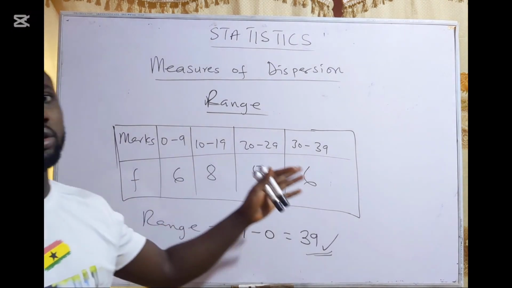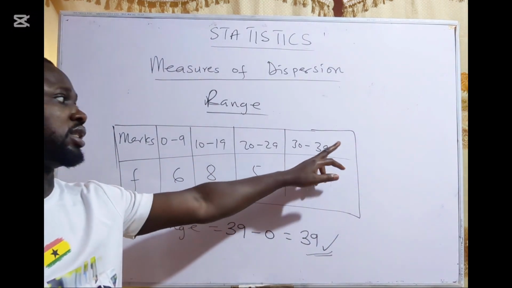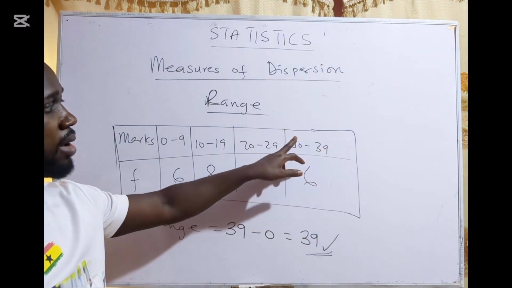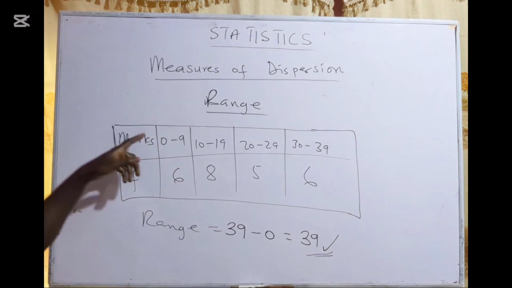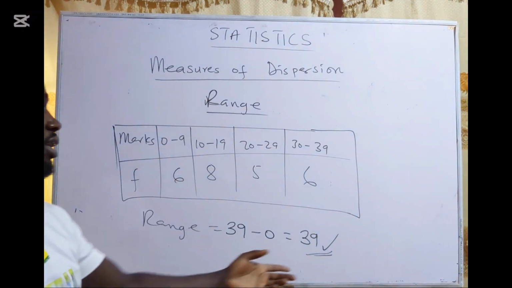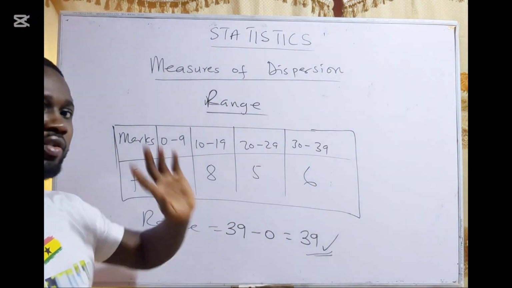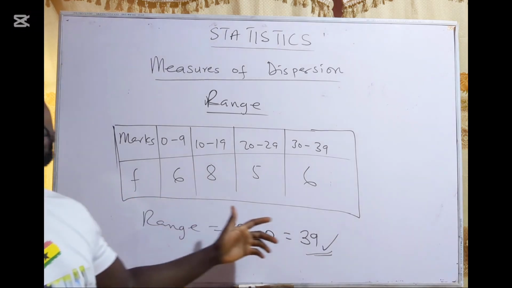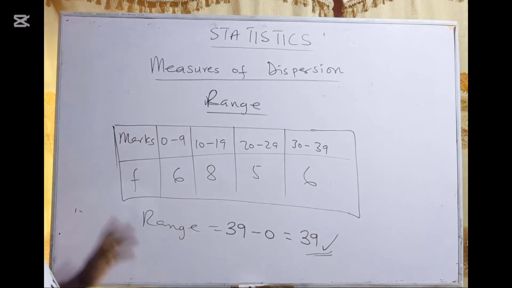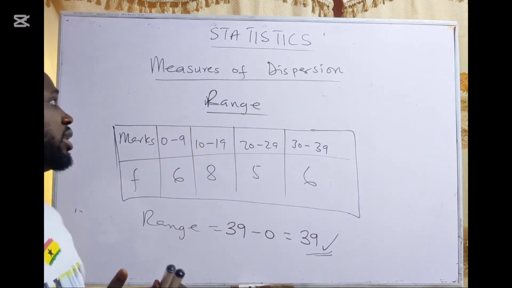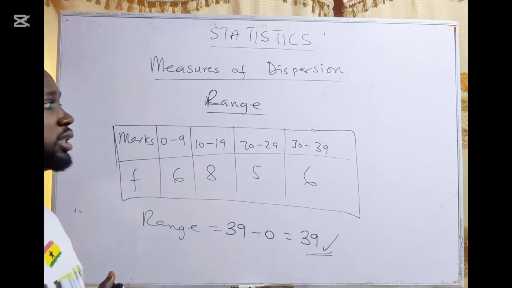Don't ever use the frequency for the range. The frequency is not the values; it is how many times the values occur. Is that okay? So this is about range, and I believe you have understood. We will solve a question on range for more understanding. Bye bye.